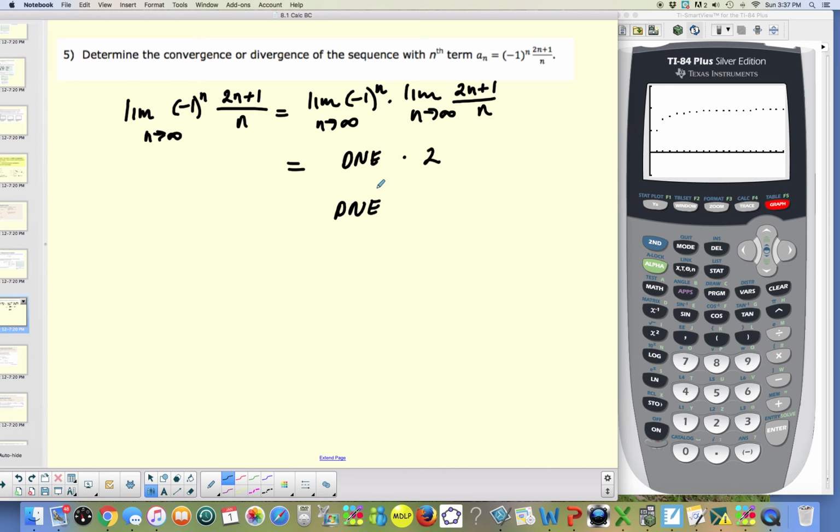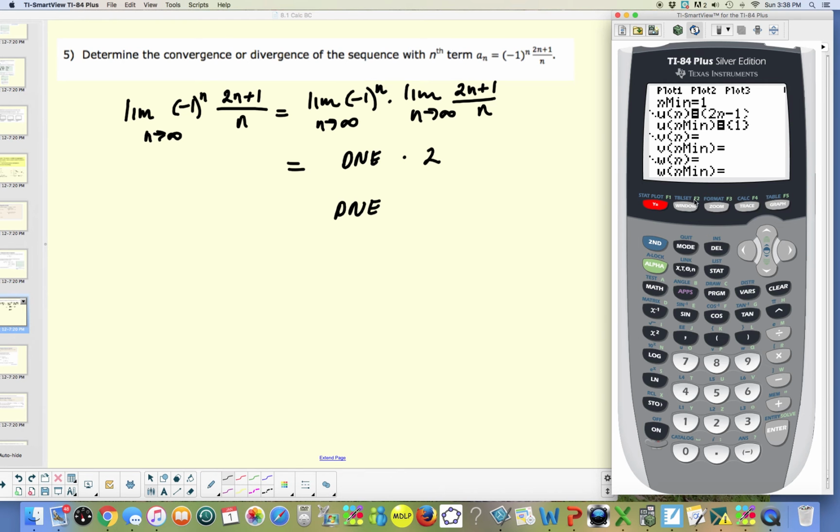Now let's go ahead and take a look at what the picture looks like on our calculator. We're going to go to y equals, and I'm going to insert, second insert, and write parentheses -1 to the nth power.